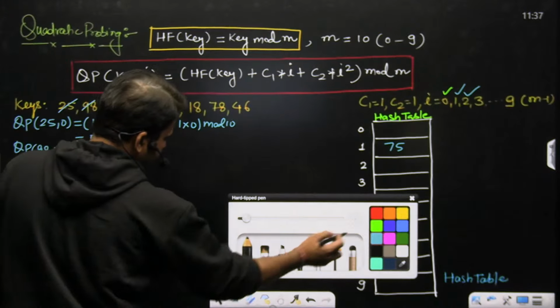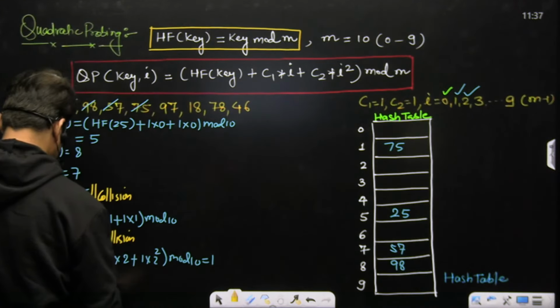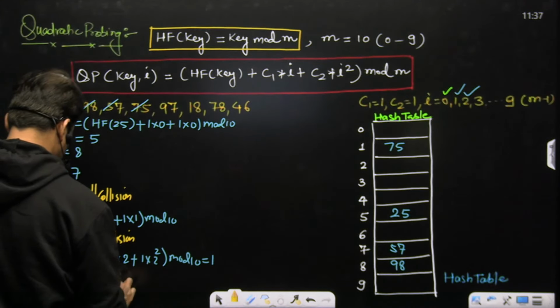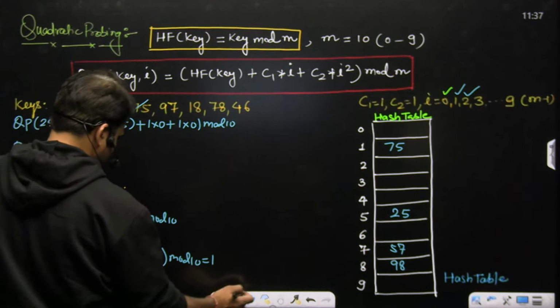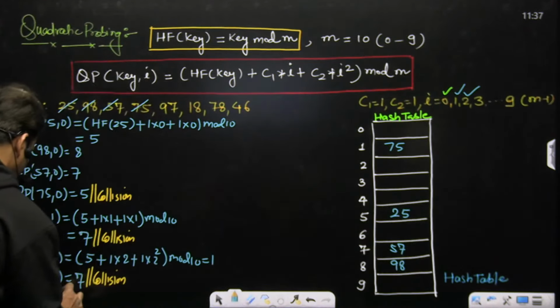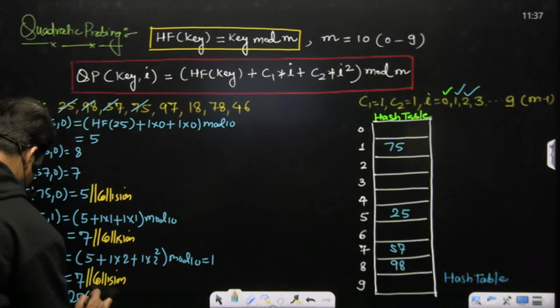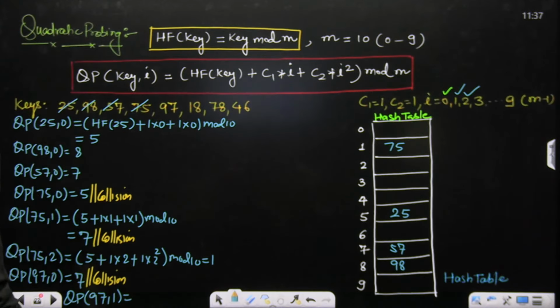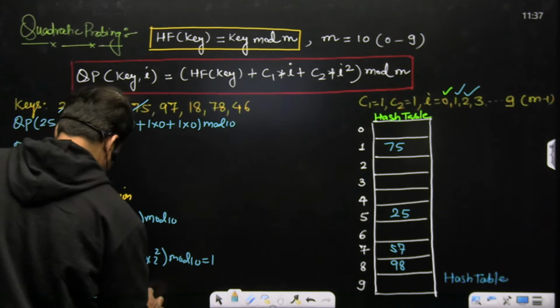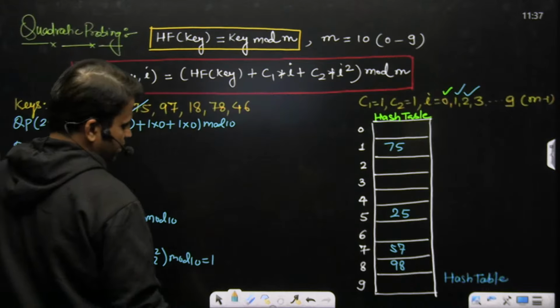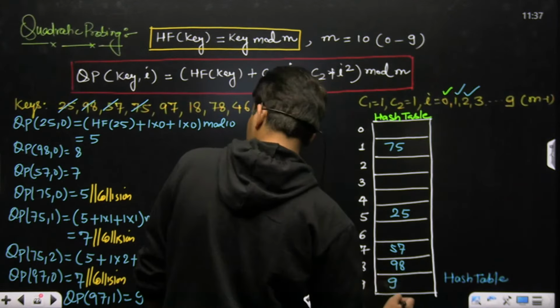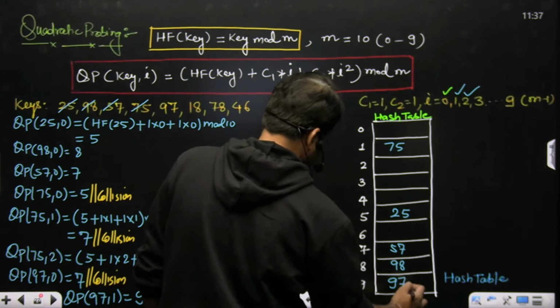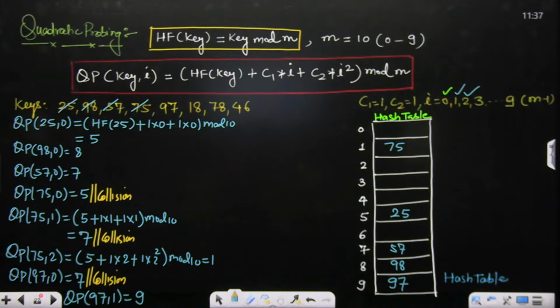So this is a collision. (97,1) placed, so it will be what, sir? It will give 2 9, 7 plus 2 is 9, yes 97 is stored at this position.